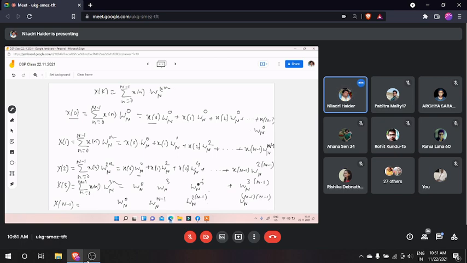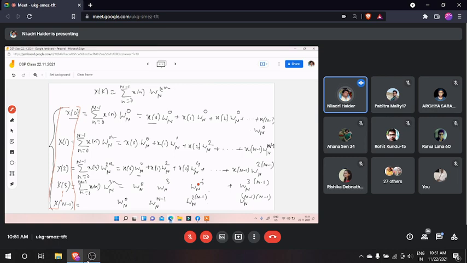So from those equations, if you are trying to write the matrix form, that is, if you put all of x0, x1, x2, x3 up to xN-1 in a matrix, it will be the left-sided matrix. What will the right-sided matrix be?